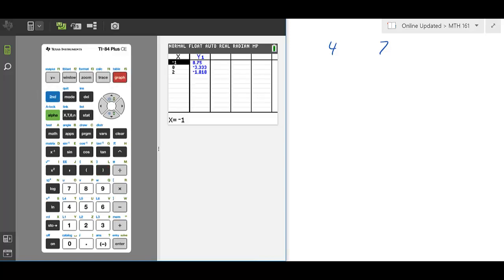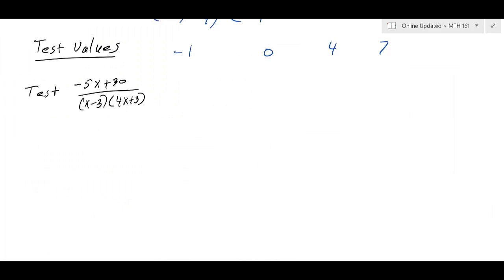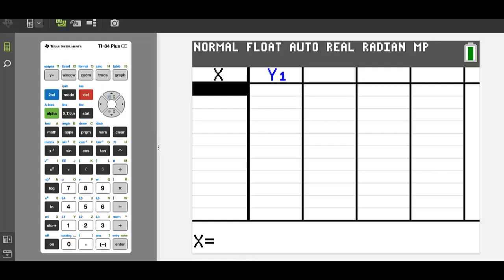So then if we go to the table, we can delete the previous values and now plug in the test values of -1, 0, 4, and 7.